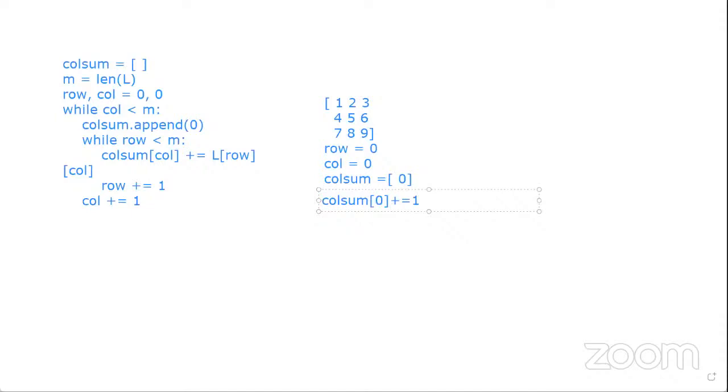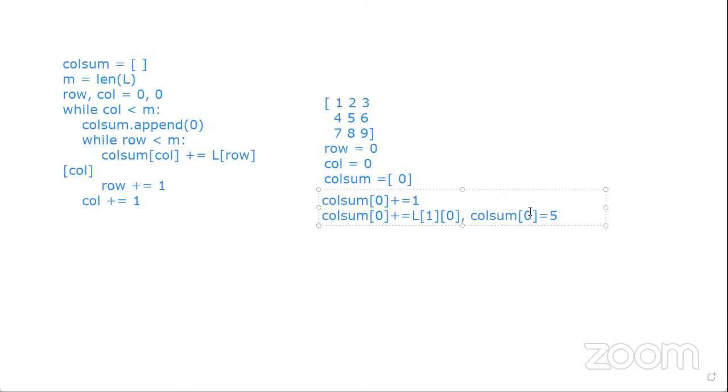Later, in the next one, colsum of 0 plus equals this row value. It will be incremented by 1. So now it will be L of 1 of 0, which means colsum of 0 equals 1 plus 4, which is equal to 5.